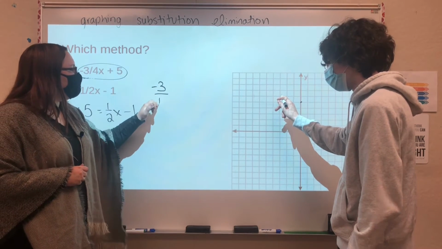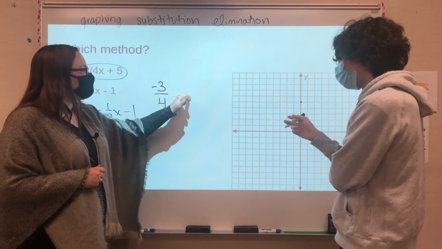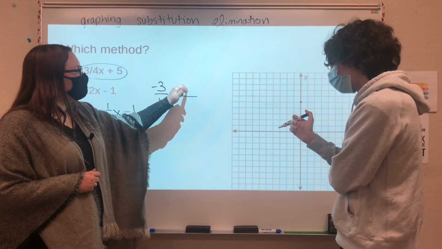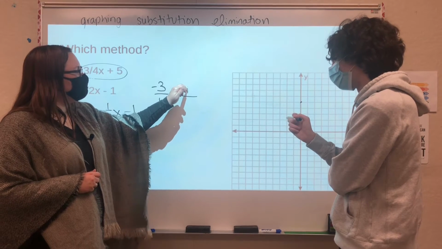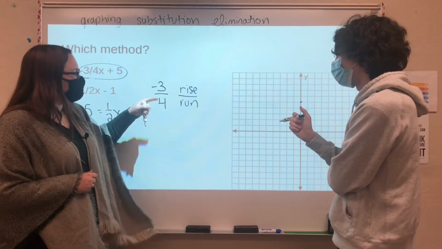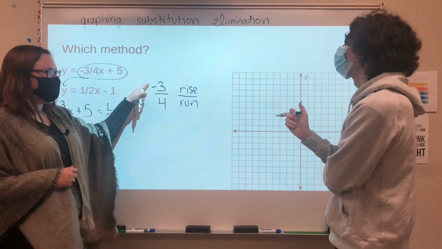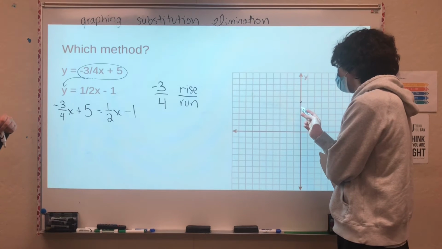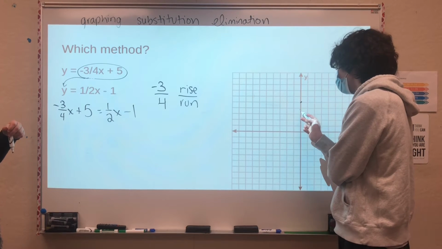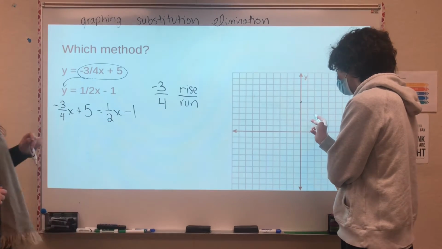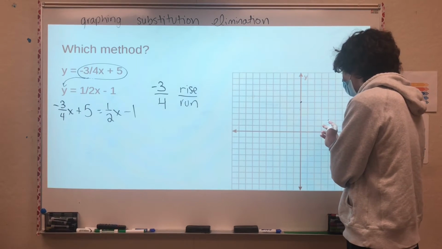How do you find slope from a graph? There's a formula we use. Well, rise over run. So you can use that to help tell you what to do. We want to rise negative 3, and you've already said negative means we're going to go down. So it'd be 1, 2, 3, and then over 4. Yep. 1, 2, 3, 4.